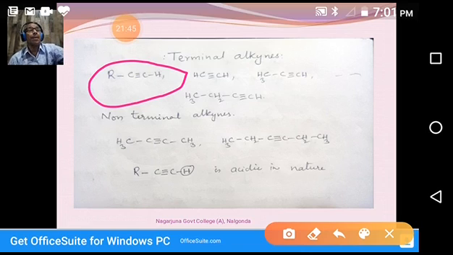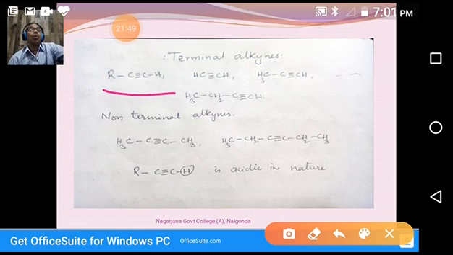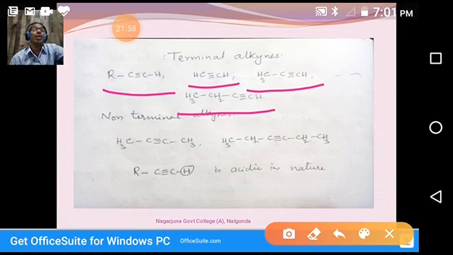For example, this is ethyne, this is propyne, and this is 1-butyne. Why butyne? 4 carbons, numbering 1, 2, 3, 4. That's why 1-butyne. All these are examples of terminal alkynes.